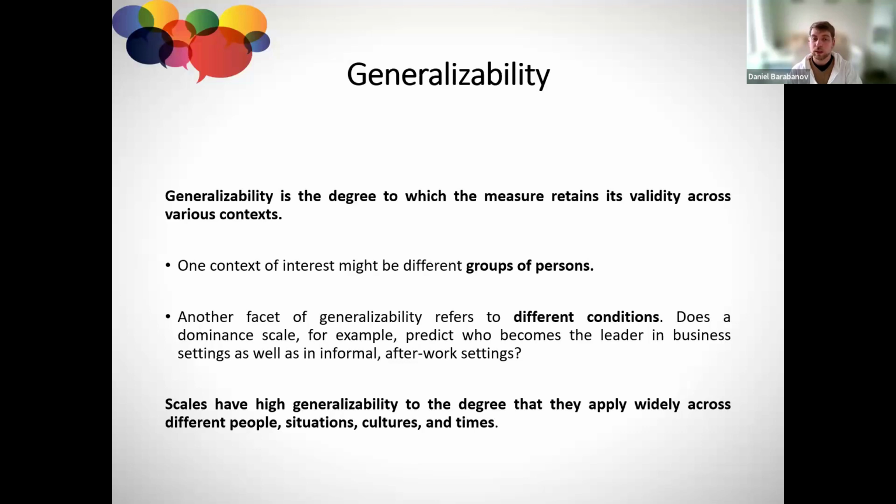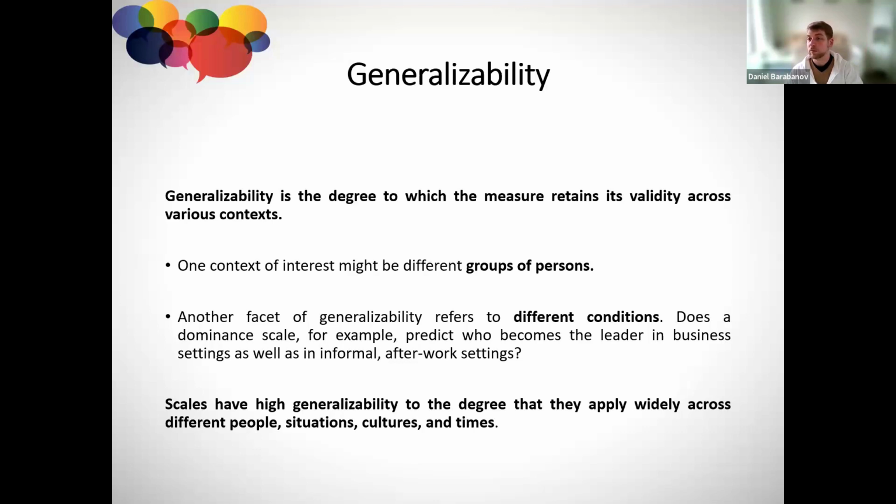So the basic idea is that generalizability is the degree to which the measure retains its validity across various contexts. One context of interest might be different groups of people, and the second facet is different conditions.